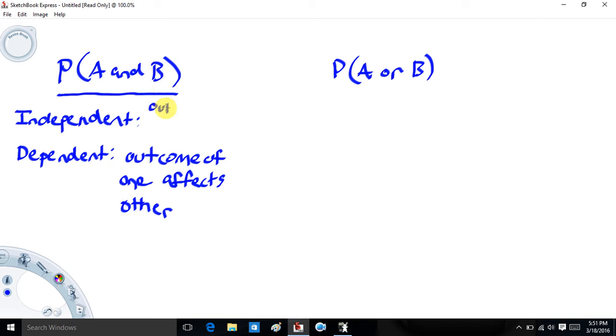Outcome of one, and we gotta highlight this in red, does not affect the other.